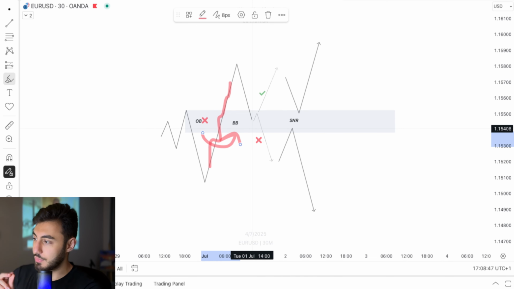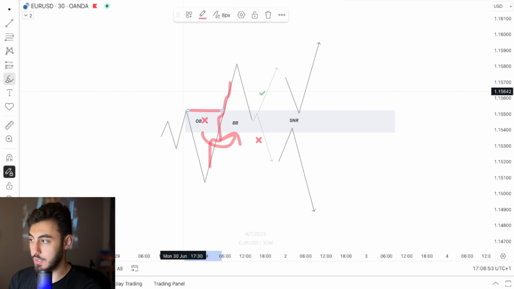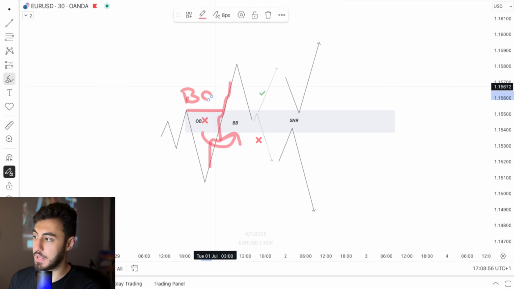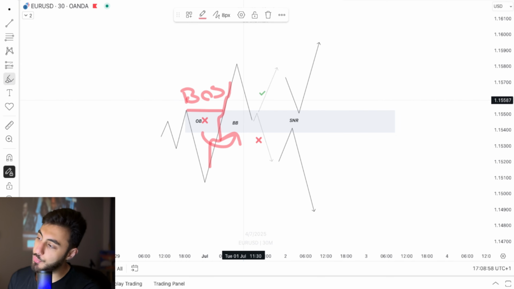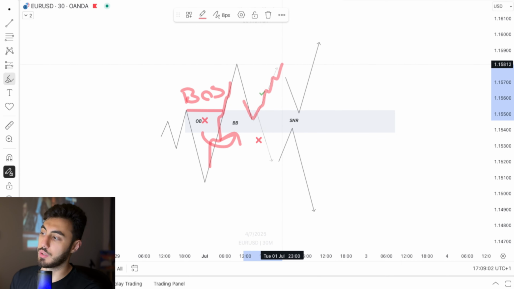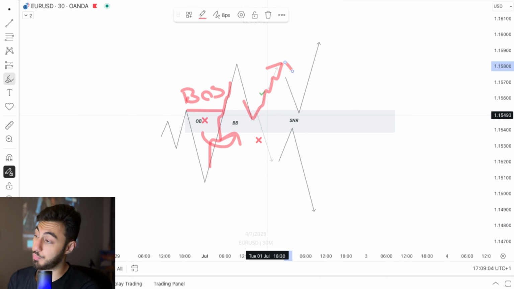So take a look. Let's say this order block didn't get respected and price created a break of market structure here, right? Now this area is a breaker block. Now let's say price taps into this breaker block and gives us a beautiful move, a beautiful respect from this breaker block area.